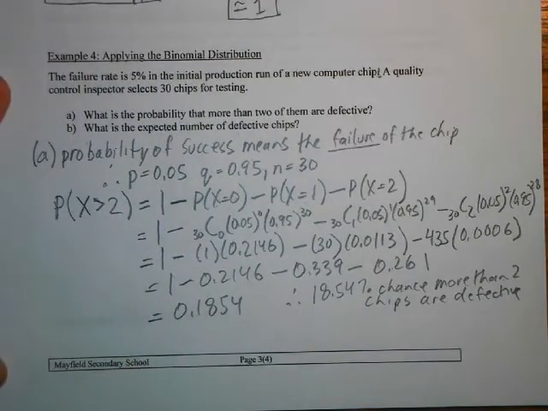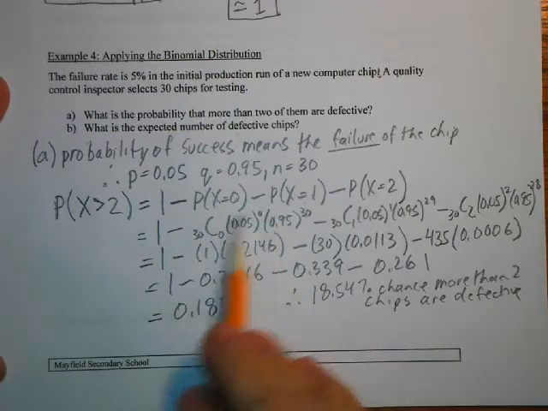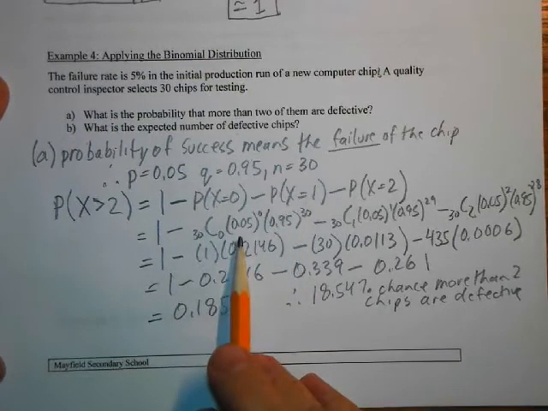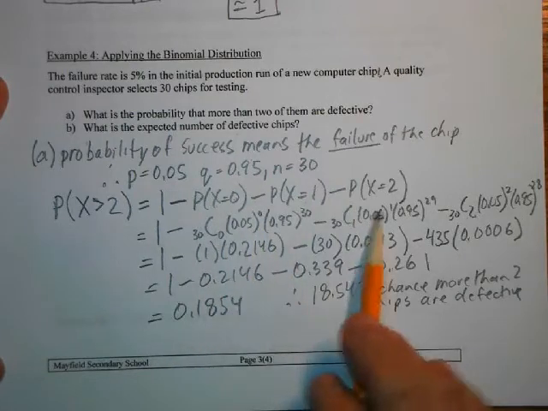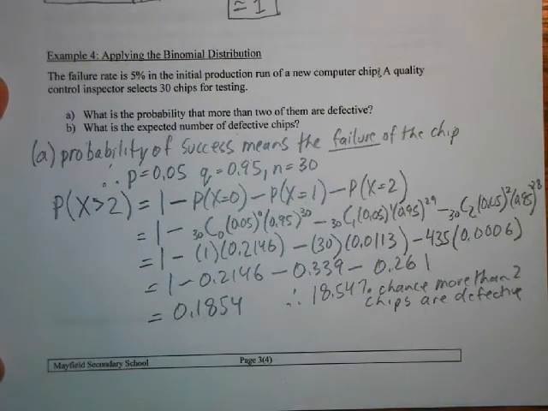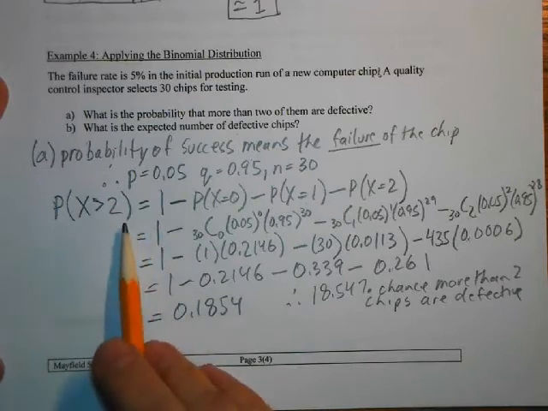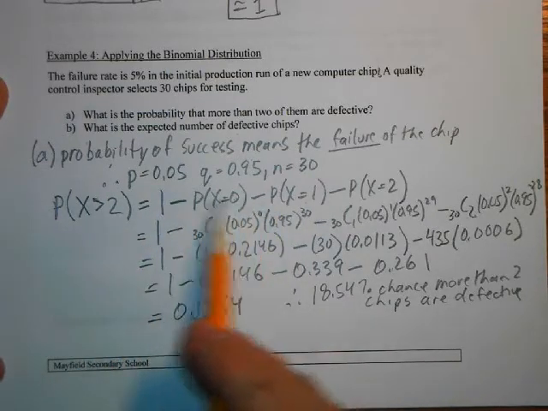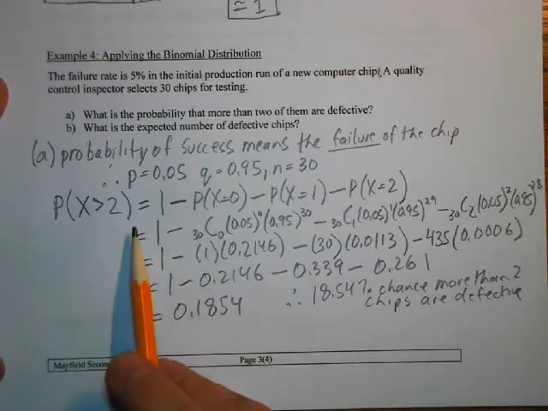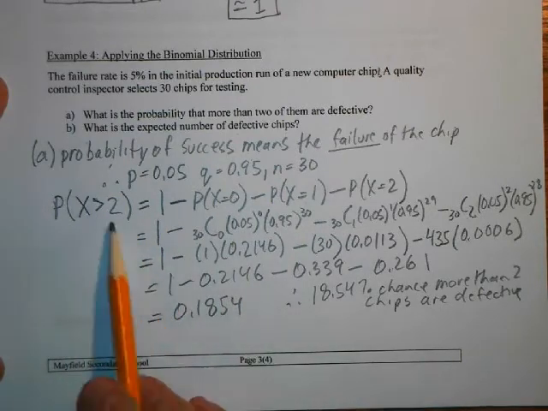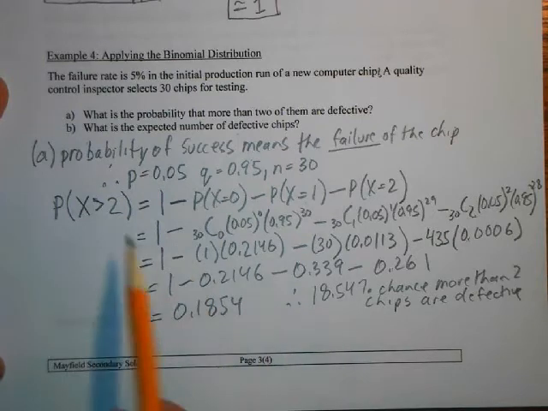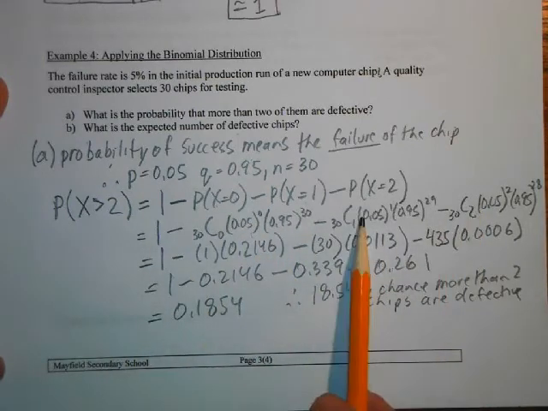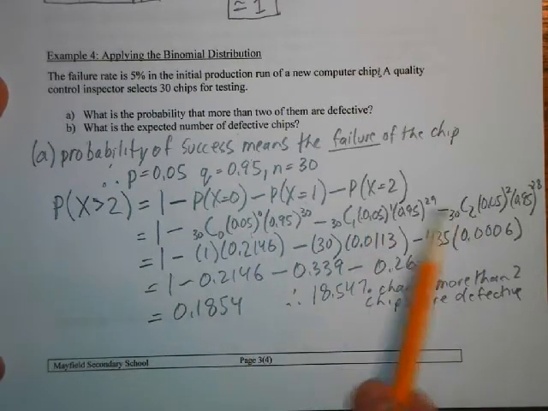Okay, so it's a lot more math than what we're used to the last couple of units, but it's similar math to what we've done, just more of it. And hopefully you see the strategy here of subtracting the probabilities we don't want from 1 rather than just add up the probabilities we do want, which would be 28 of them. And I don't want to do this 28 times. I'd much rather do it 3 times, as I'm sure you would.